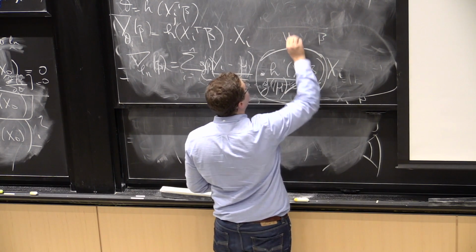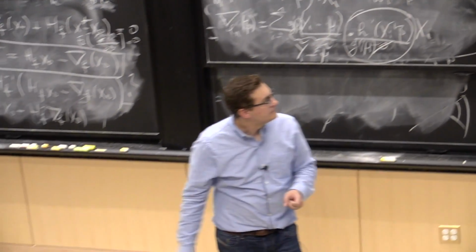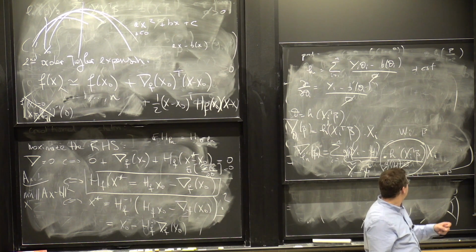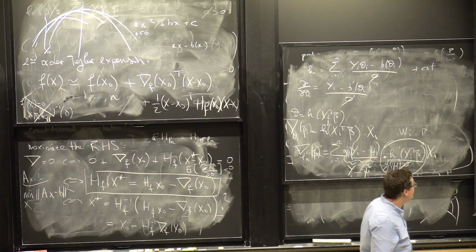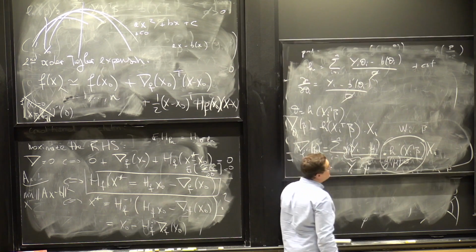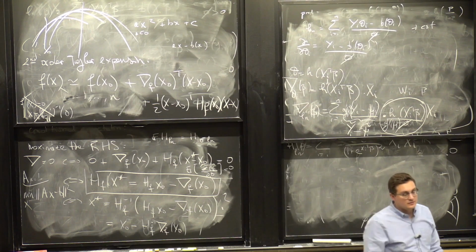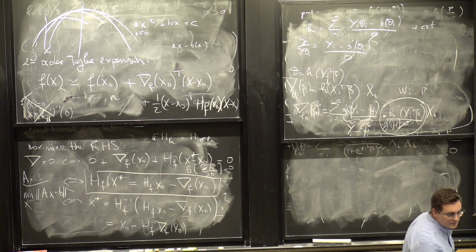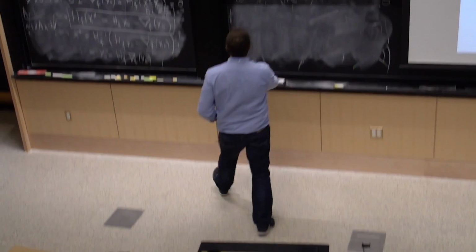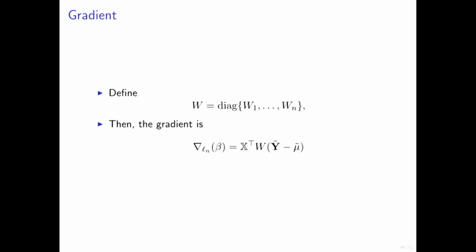Now, this guy here, I'm going to call wi. And I have the xi that's there, which means that the thing that I have here, I can write as follows: the gradient of Ln of beta is equal to what?